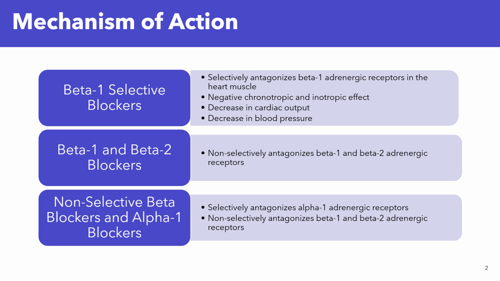Alpha 1 blockade in the arteries leads to vasodilation. So that will lead to a more profound reduction in blood pressure. So the non-selective beta blockers and selective alpha 1 blockers, with the additional alpha 1 blockade, again will lead to vasodilation, and that will help to lower the blood pressure even more.